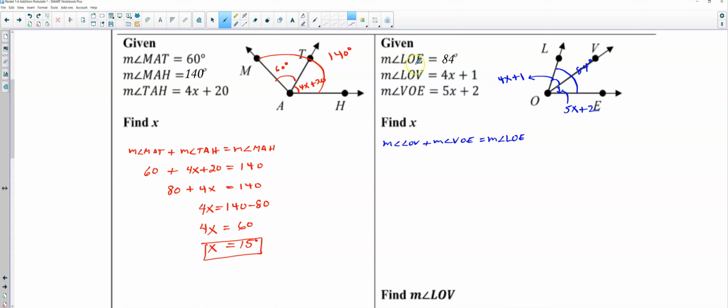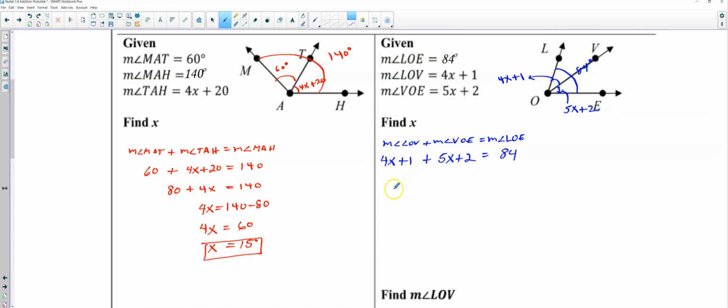Once I have that, just substitute. LOV is 4x plus 1 plus VOE is 5x plus 2 equals LOE, which is 84.